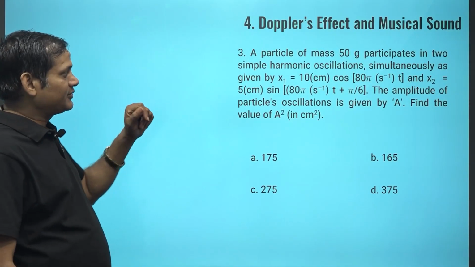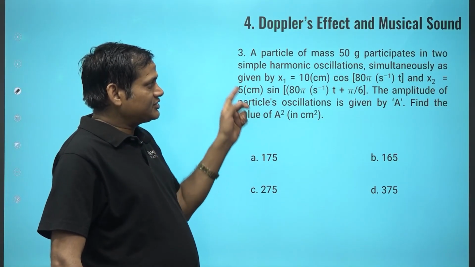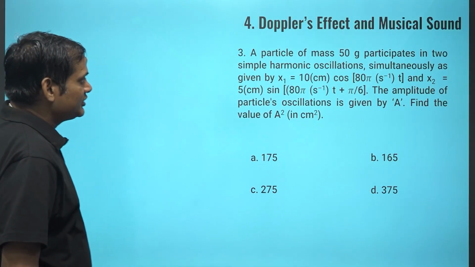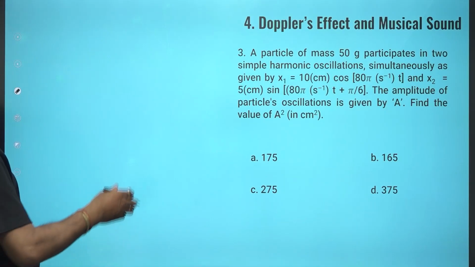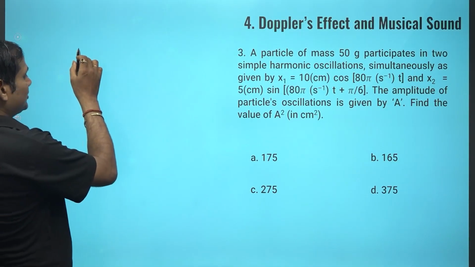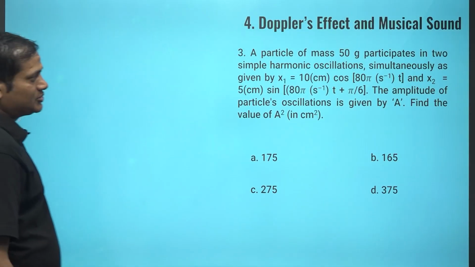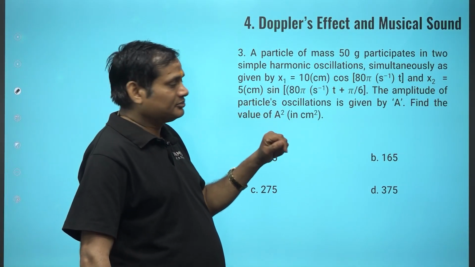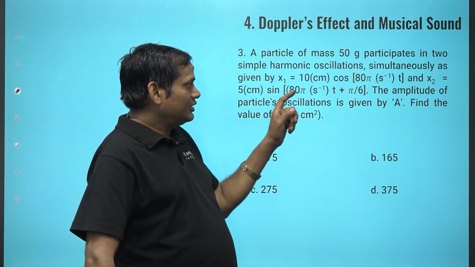There is a question given here: a particle of mass 50 gram participates in two simple harmonic oscillations simultaneously, as given. The first is x1 equal to 10 cos. Let us convert the cos into sin.